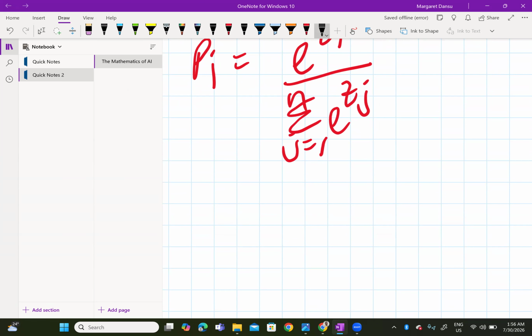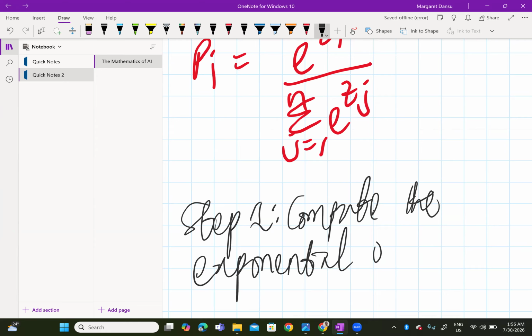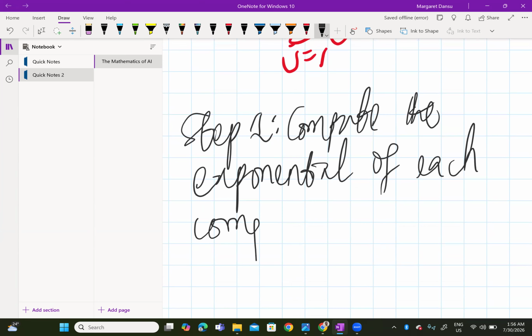So if that is the case, we can go in steps. For step 1, we compute the exponential of each component. Don't forget what we are working with.